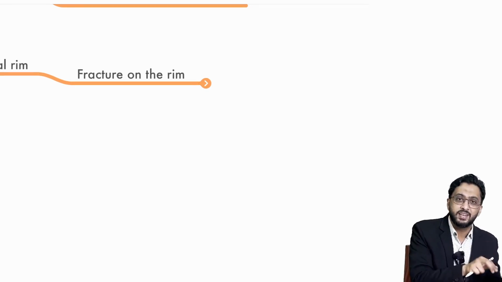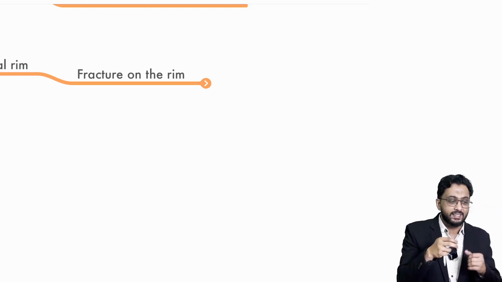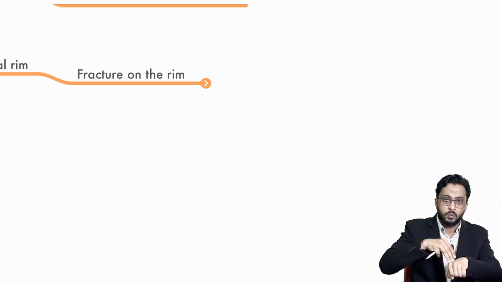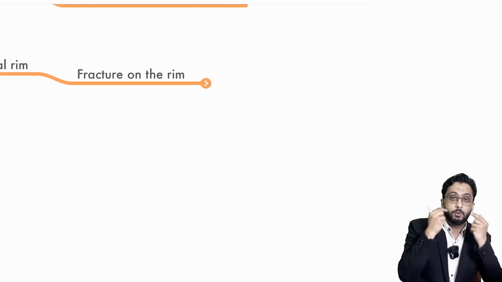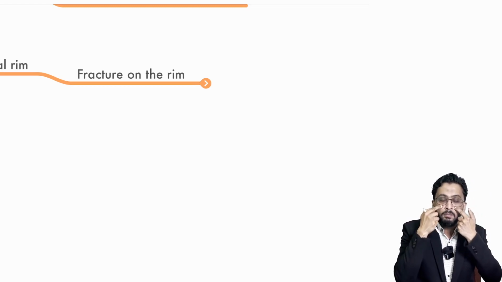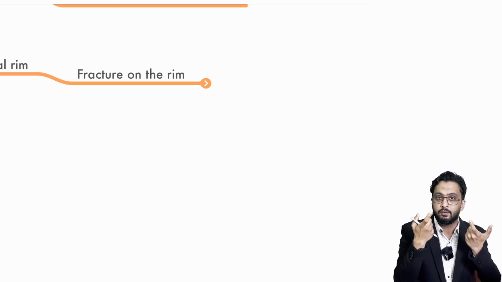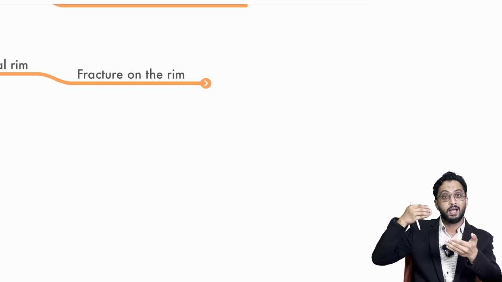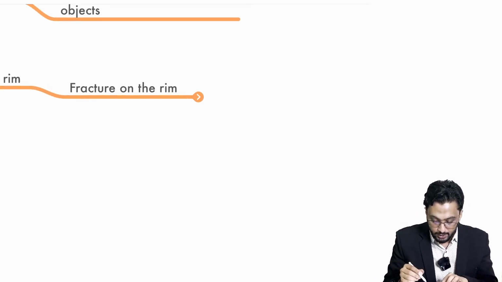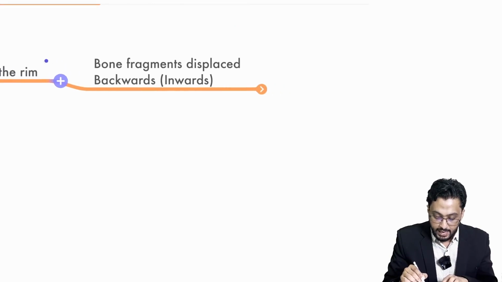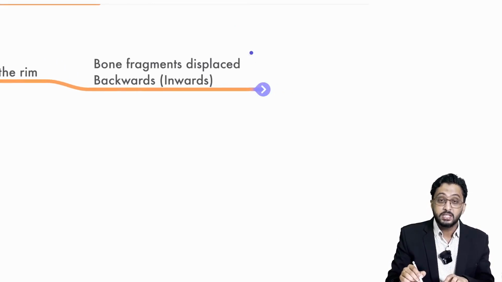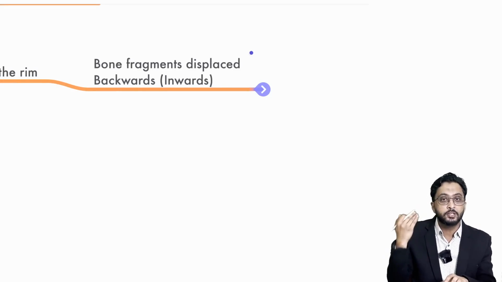Now what happens here is an inward buckling rather than fracturing downwards. The inward buckling happens because the orbital rim is a very important supporting structure which is fractured. It will go back. So now fracture of the rim happens and the bone fragments are displaced backward and inward.